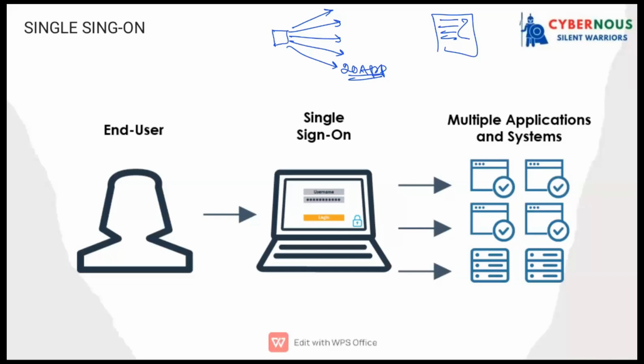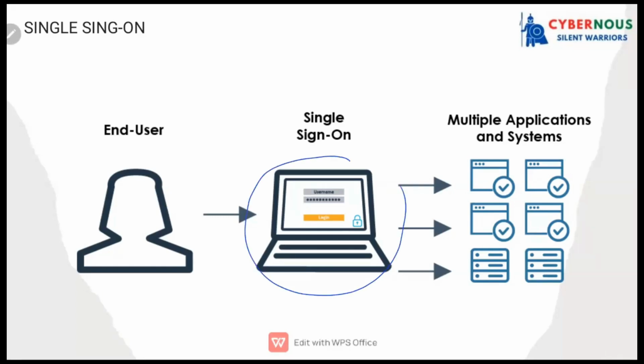So how do we resolve this particular problem? That is where the single sign-on concept has come in. An end user is going to authenticate to the central system once. And then every time they access any application or system, single sign-on will make sure that the user is not typing in the username and password every time.